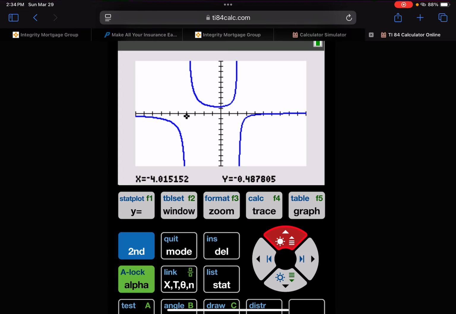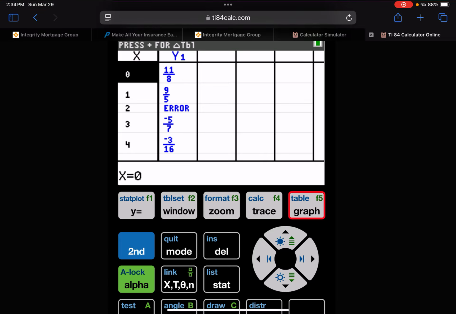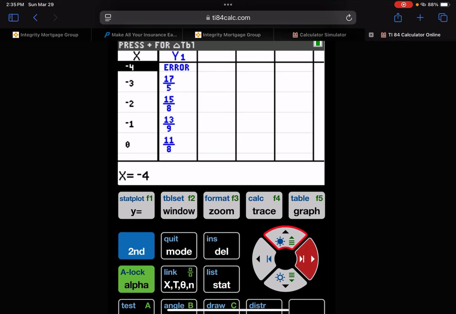It'll never touch it. If I go to second table and look up the value of -4 on the x value, you can see the y value says error because it doesn't exist. There's no point at x is -4 because the graph will never touch it, so it's an error.